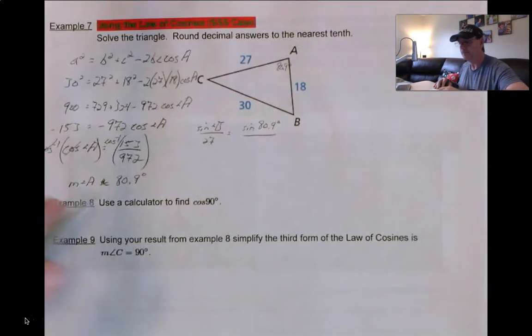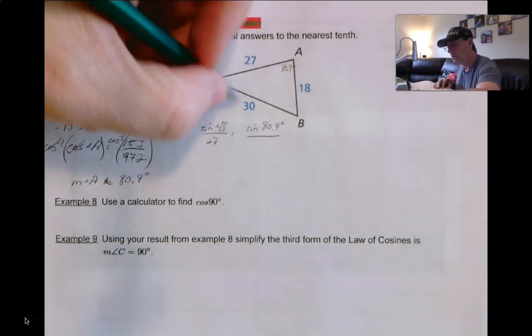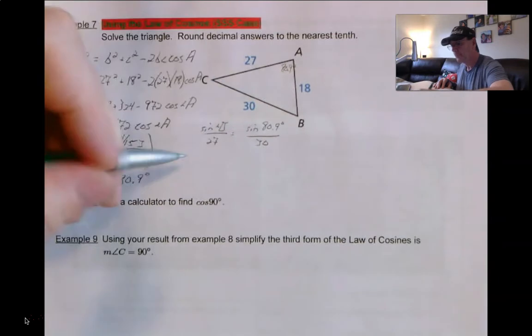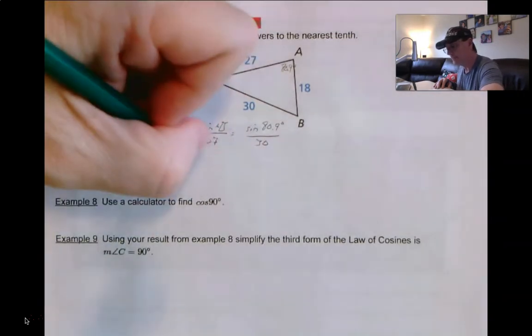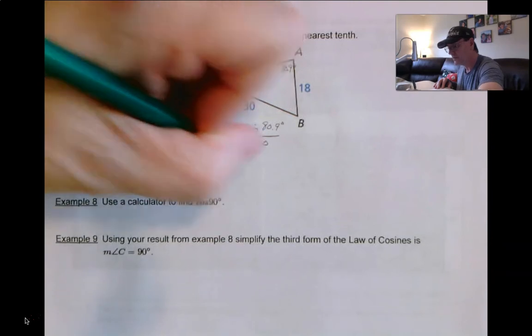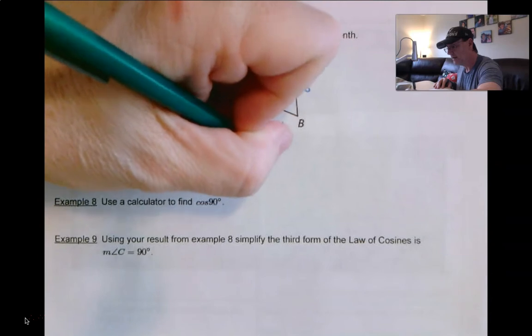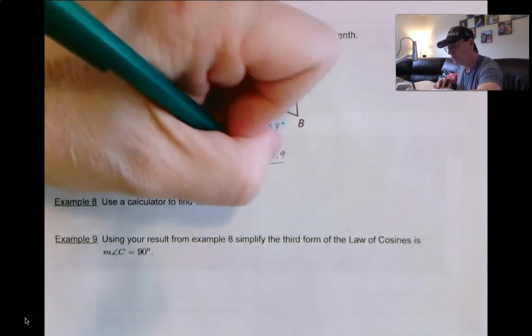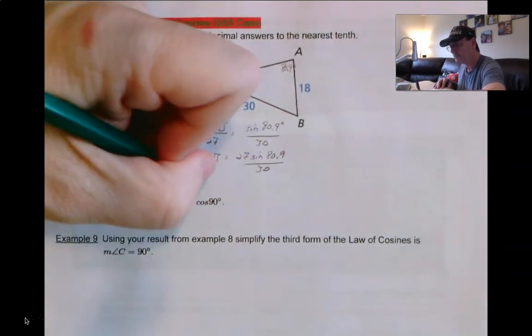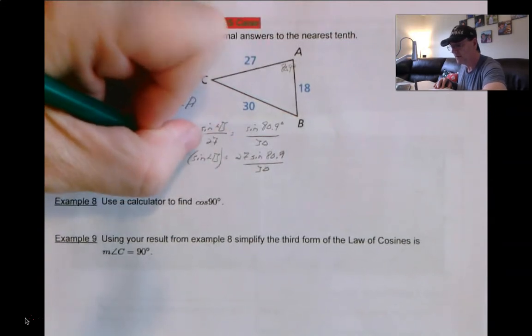And again, I'm going to allow you to use this rounded number, trig and precalculus, they won't, over 30. Multiply both sides by 27. Sine angle B equals 27 sine 80.9 over 30. And we want to do inverse sine of both sides.